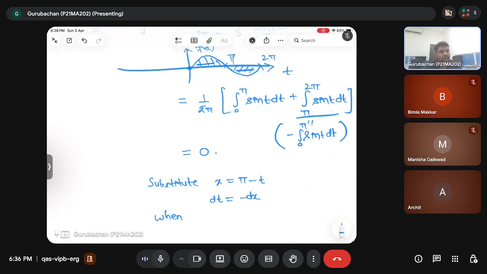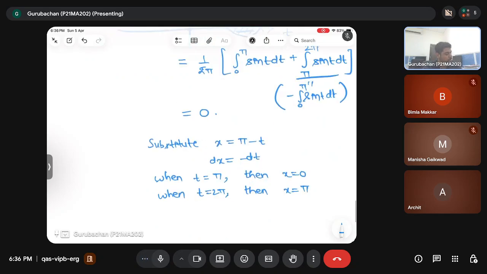Obviously the first defined variable is t, so dx will be minus dt. When t is equal to pi, then x is equal to 0. When t is equal to 2 pi, then x is equal to pi.